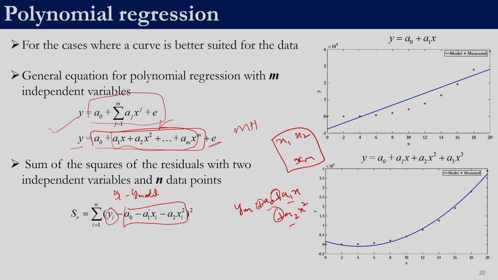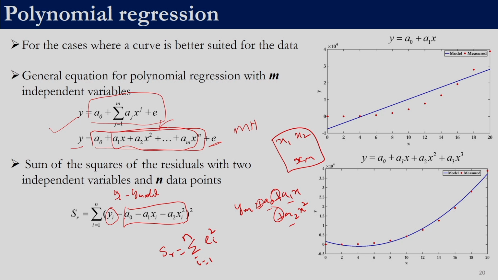What we are going to do is the same thing: minimize the sum of squares of errors, the sum over i equal to 1 to n of ei square. The error in this case is yi minus this model.